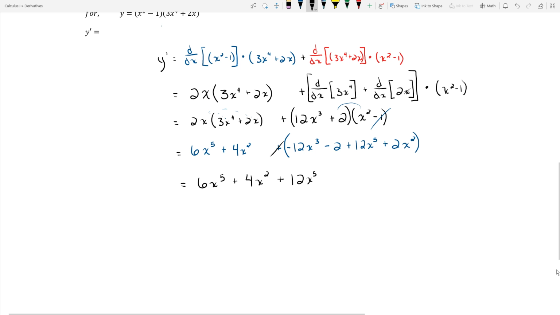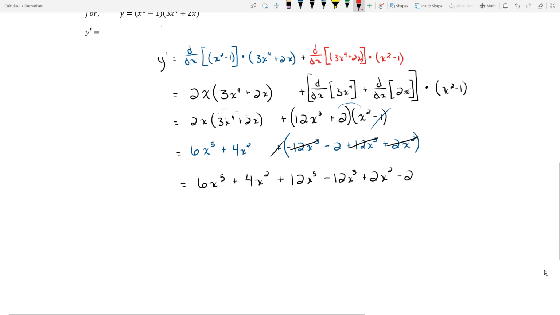I'm going to rewrite this highest power to lowest. Minus my 12x to the third, and then we'll have plus 2x to the second power, and we'll have minus 2. And I do apologize, I wrote fifth. It's negative 12x to the third.